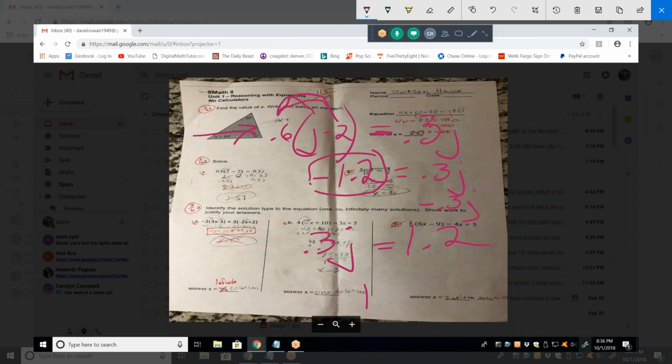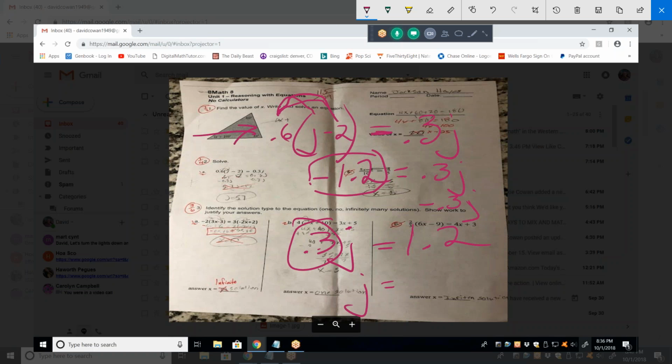Now what's the last step? j equals what? To divide 1.2 by j. Not by j, by the coefficient of j. Remember, what we're trying to get rid of is that, so that we can have just j.